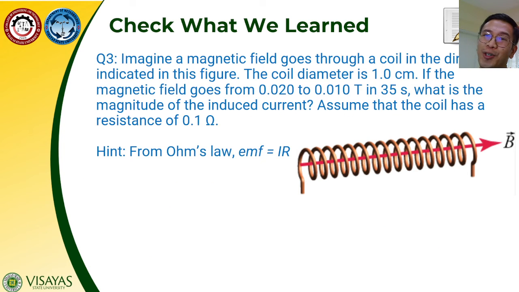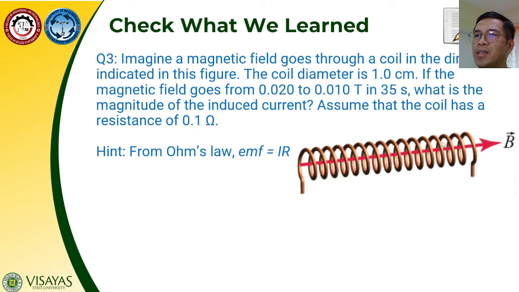The next question which I prepared is this one. Imagine a magnetic field goes through a coil in the direction indicated in the figure. So in the figure, you can see a coil of wire with how many turns? 1, 2, 3, 4, 5, 6, 7, 8, 9, 10, 11, 12, 13, 14, 15, 16 turns.